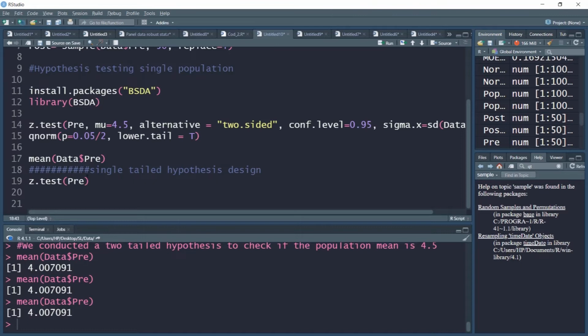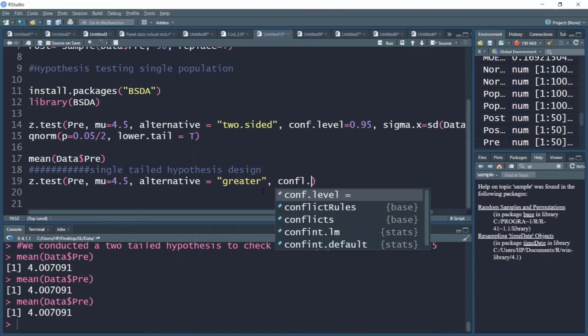and for this we'll again use the similar command, which is z.test, specify the pre, will specify the mean as 4.5, but now notice that I am giving the alternative argument as greater. That means I want to check whether my mean is greater than 4.5. Although we already know that it is less, much less in fact than 4.5, but still we'll check that.